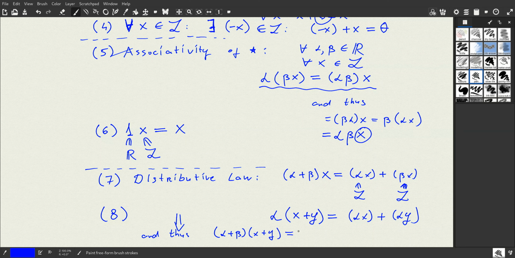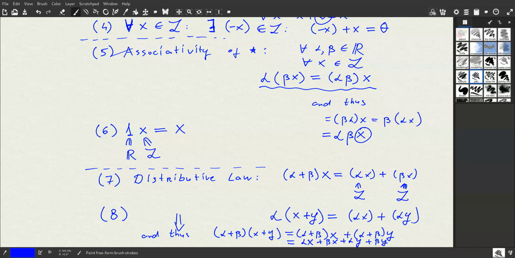So this would be, due to the second distribution law, alpha plus beta times x plus alpha plus beta times y. And now applying axiom 7, we would say it is alpha x plus beta x plus alpha y plus beta y. Okay, so we can always do that.